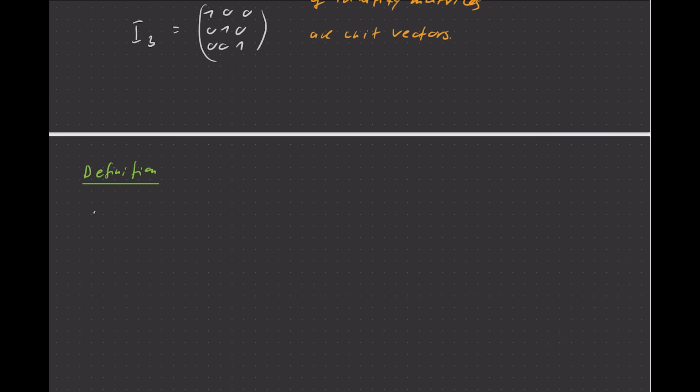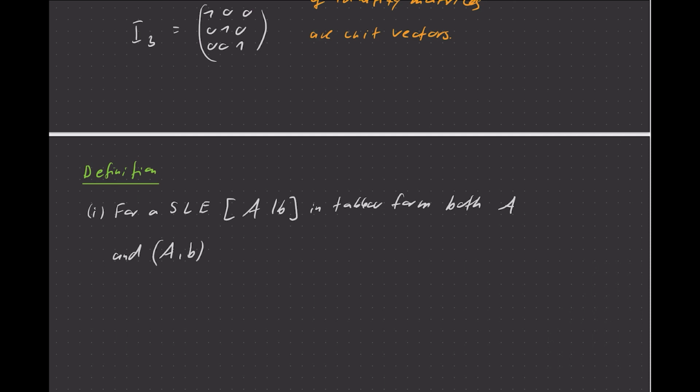Now, if we have a system of linear equations in tableau form, that looks like this, for a system of linear equations of the form Ax = b, in tableau form, both A, so this left-hand side coefficients, that is a matrix, and also A with one additional column, and that one additional column is b.